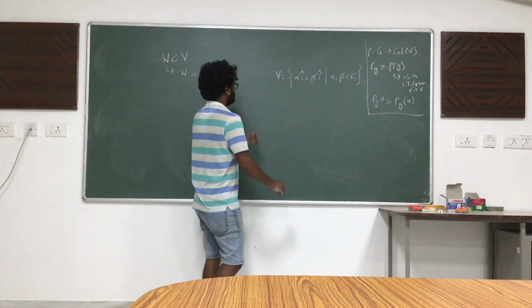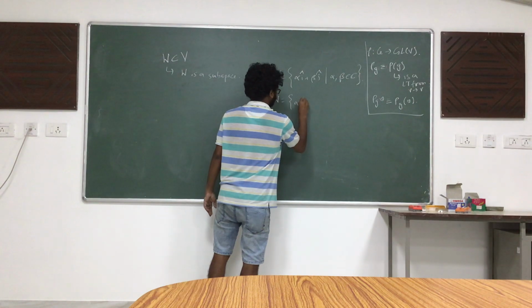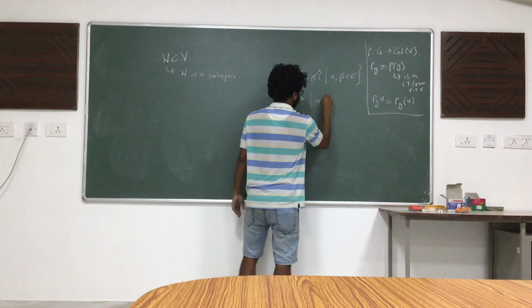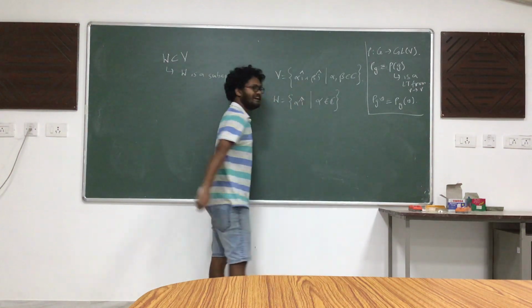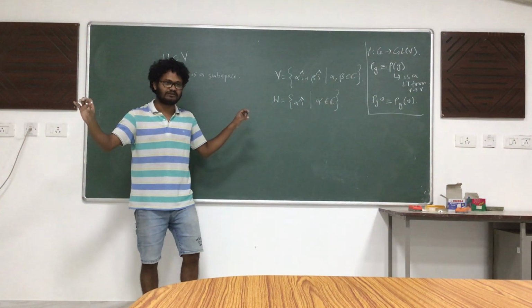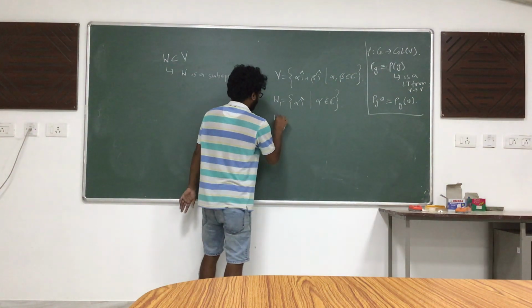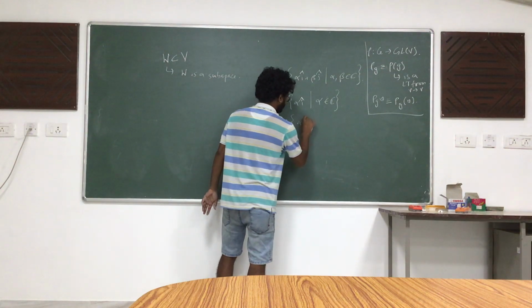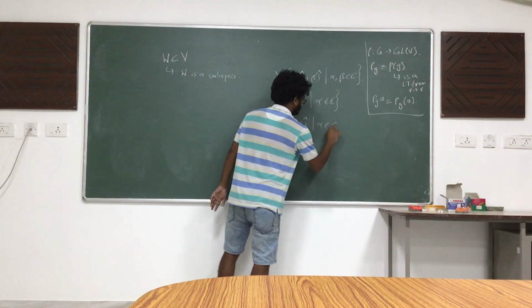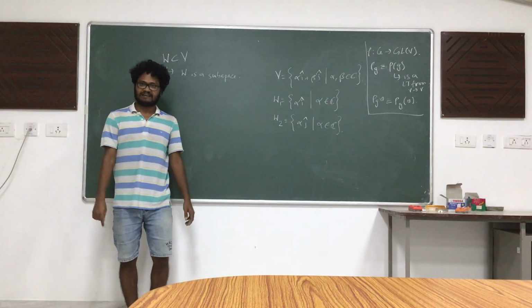One example of W could be alpha i cap only, the x-axis, all the vectors along the x-axis. Let us say this is W1, and W2 is alpha j cap, where alpha belongs to C. That means all the vectors along the y-axis.